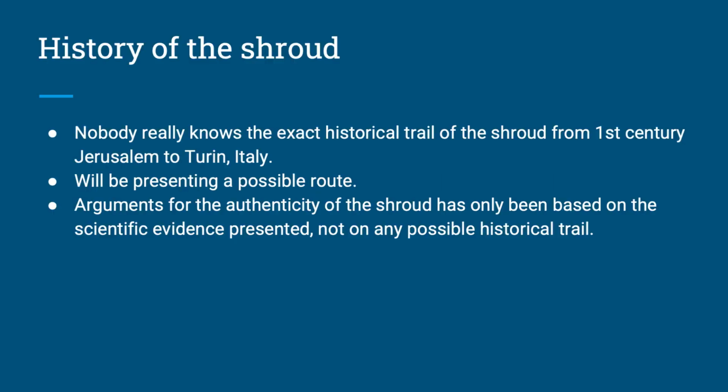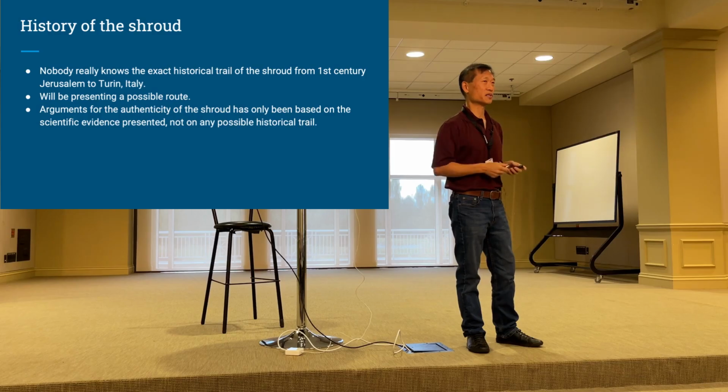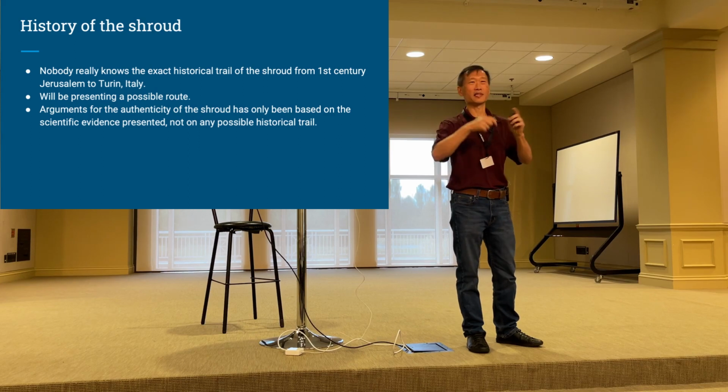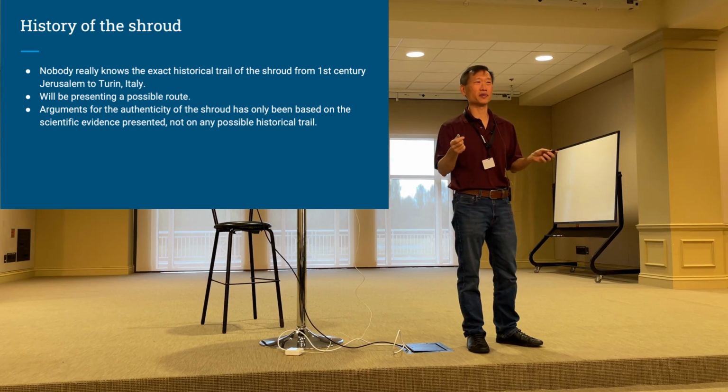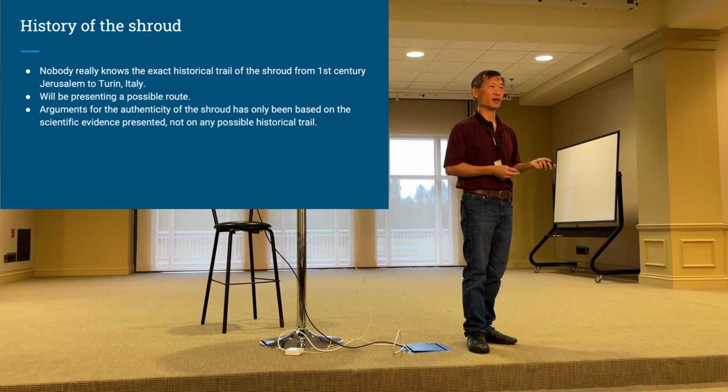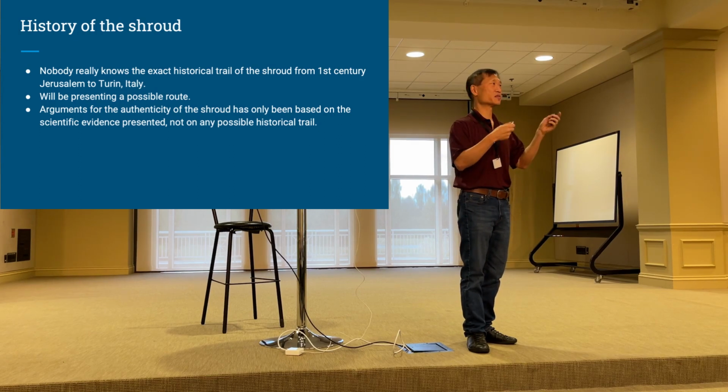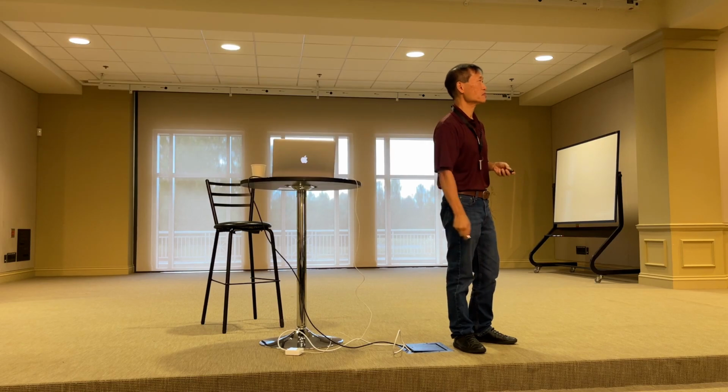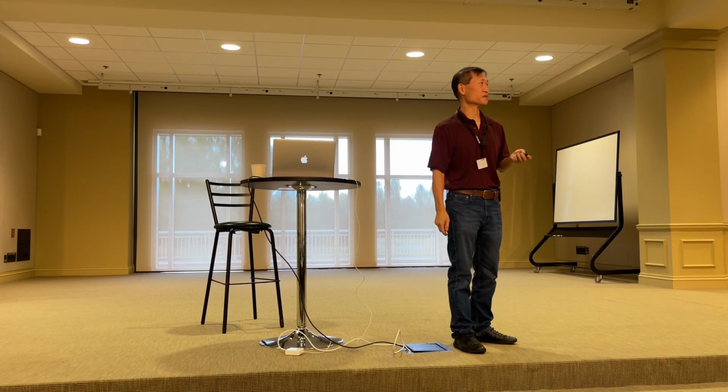I also want to add that this is a theory, and I do not use any of this as evidence for the authenticity of the shroud because this is highly disputed. There are many, many theories on the path of the shroud, but I believe this is a plausible path. And most of this came from Ian Wilson.